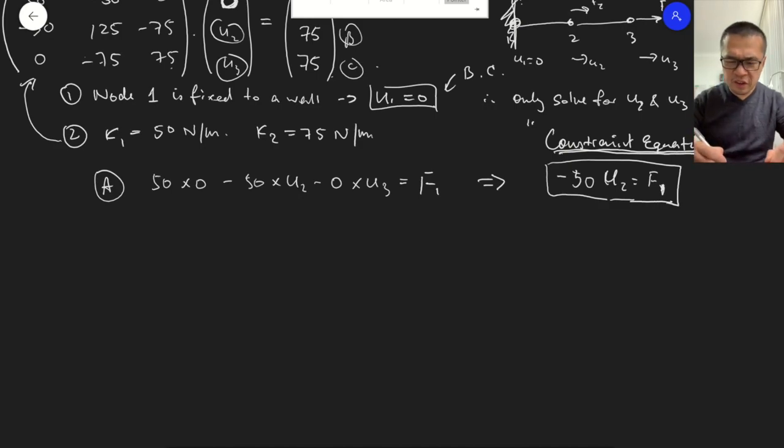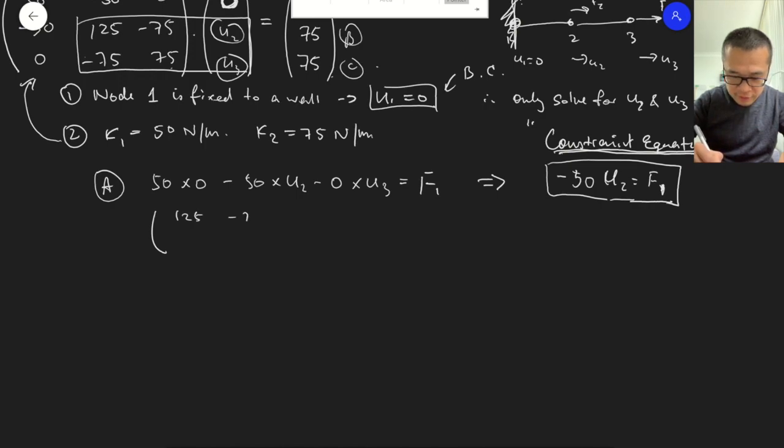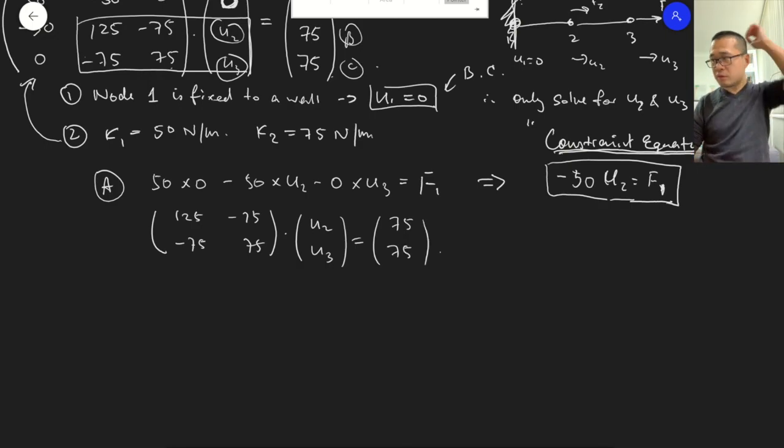Now, if you further look at the bottom two equations, that basically shows 125, minus 75, minus 75, and 75 times U2, U3 equal to 75 and 75, right?